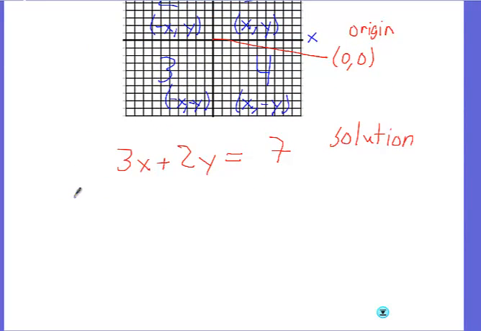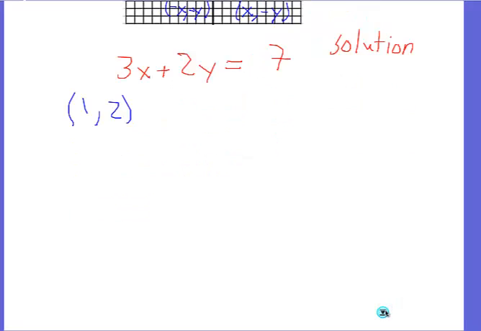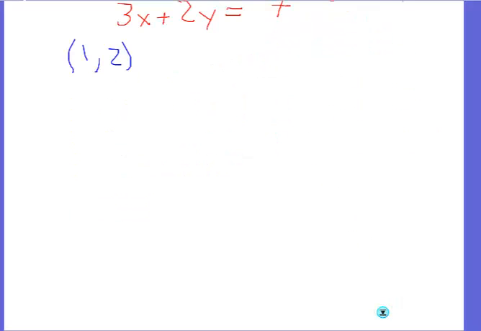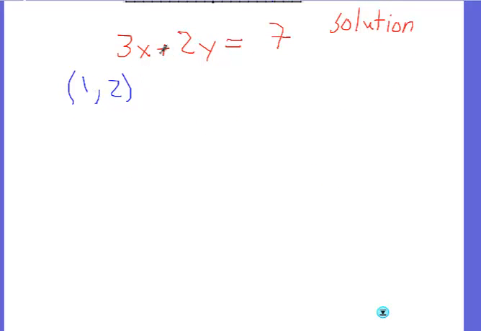Let's say I give you the solution (1, 2). We want to check to see if (1, 2) is a solution to 3x + 2y = 7. If it is, when we substitute 1 in for x and 2 in for y, our left side is going to equal 7, because that will satisfy our equation.